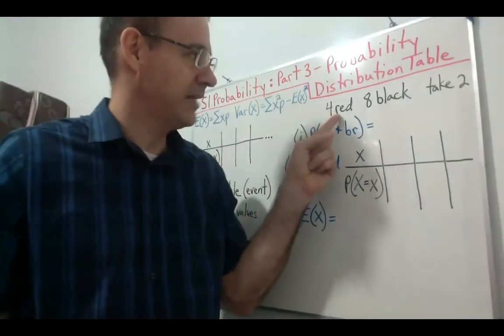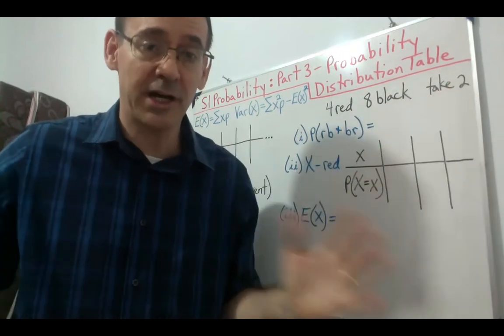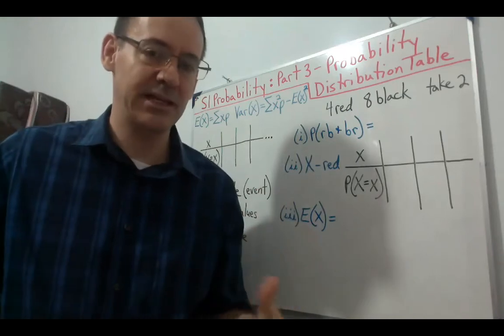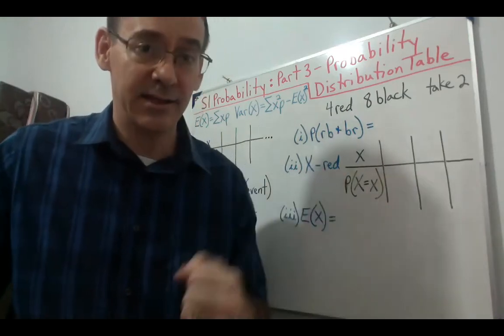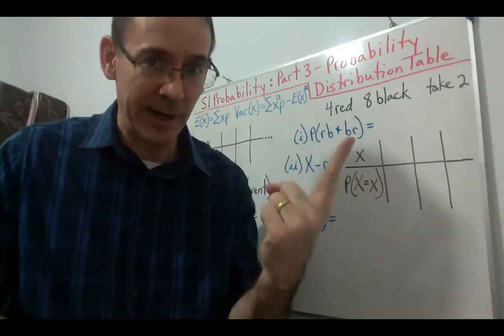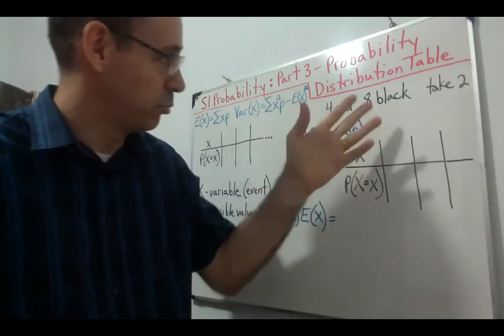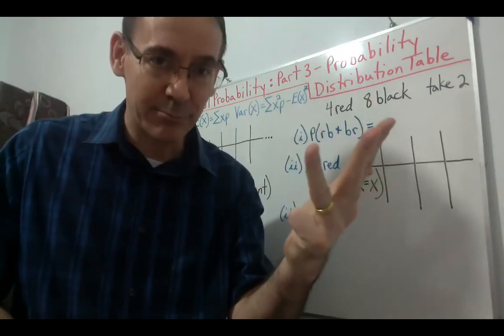There are 4 red socks and 8 black socks, and we're going to take 2 of the socks at random. The first part asks, what is the probability that they're a different color? You're only drawing 2 socks, so either you get red, red, red, black, or black, black.